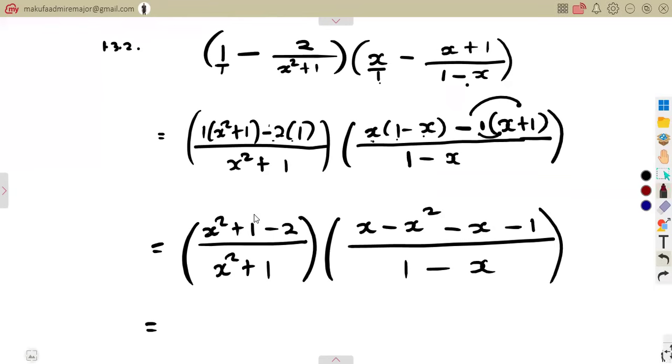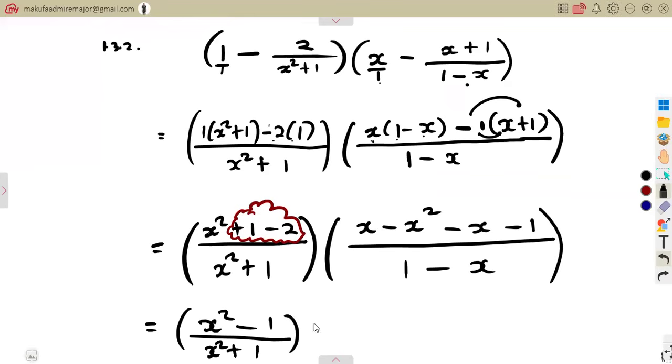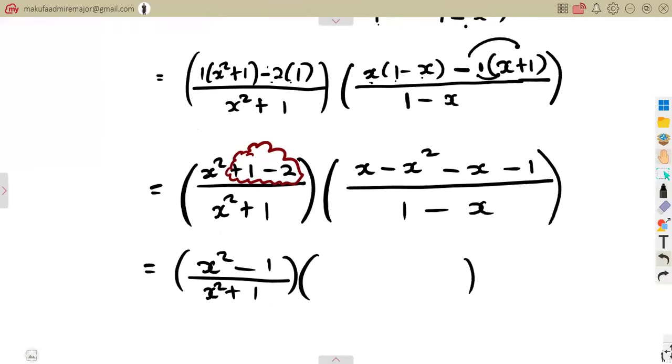So let's see what we are going to have at the end. The first bracket, there are like terms there, 1 minus 2, which is minus 1. So that's x squared minus 1 over x squared plus 1. Into the bracket, again here, we can simplify by collecting like terms, x minus x, that's a 0 there.